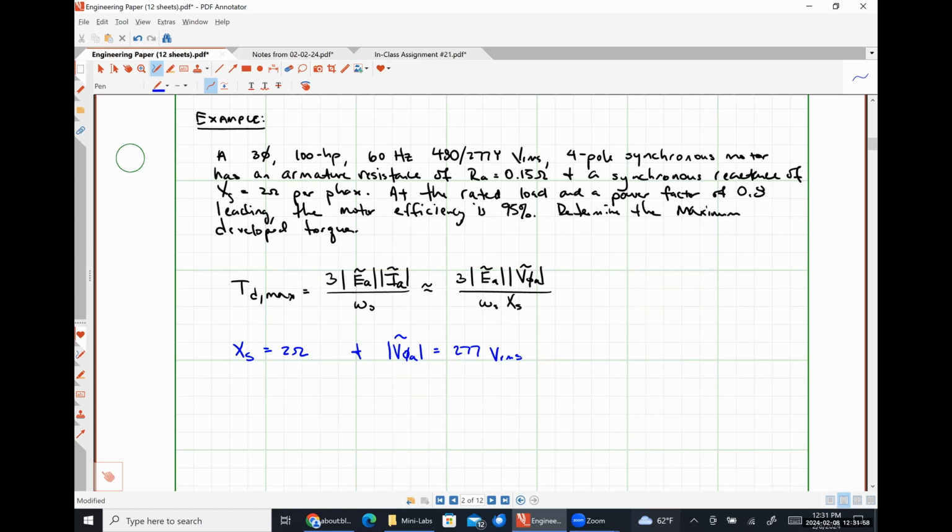So now we need to figure out what E_A is and what omega_S is. And if we have those two pieces of information, we're able to determine our maximum developed torque.